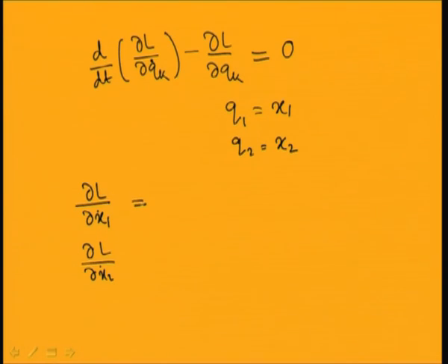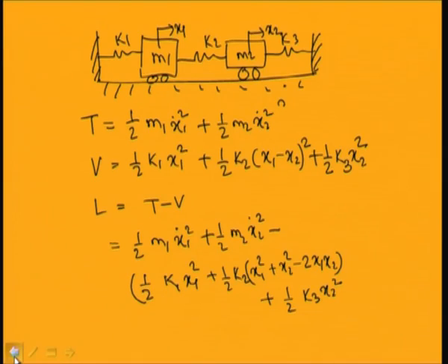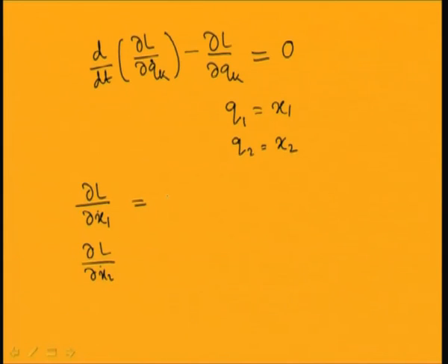So, now del L by del x1 dot will be equal to, so from this equation you can find, this is the only term associated with x1 dot. So, it becomes half into 2 into m1 into x1 dot. So, this 2 cancels, so it becomes m1 x1 dot.